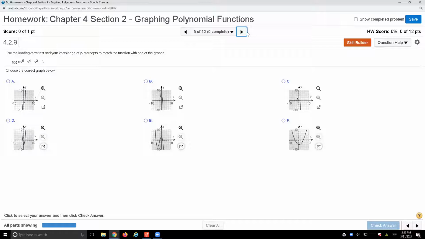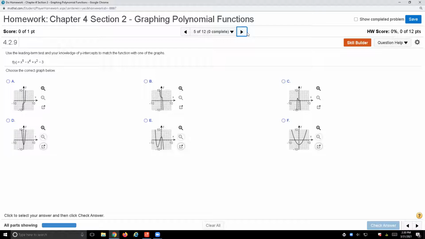We have f of x equals x to the 5th minus x to the 4th plus x squared minus 3. The degree of this equation is 5. So since it's odd, we know that both ends point in different directions. Is it going up or down?